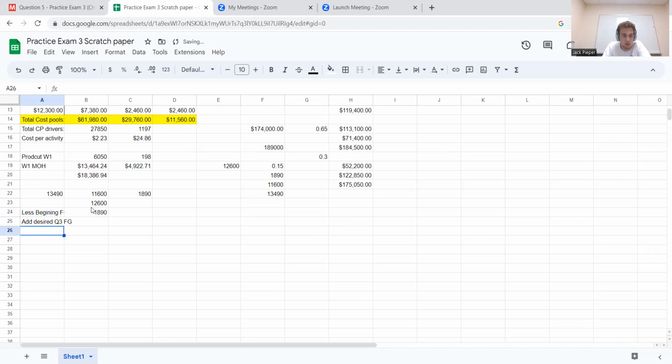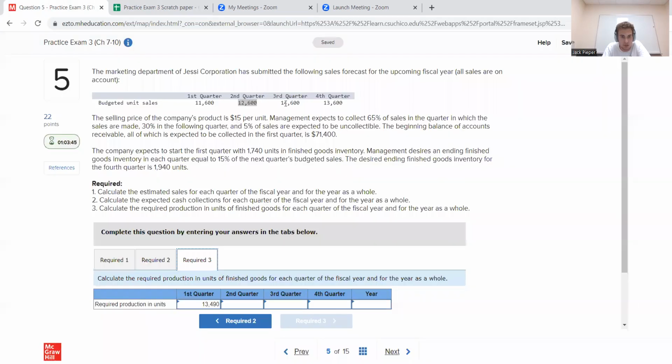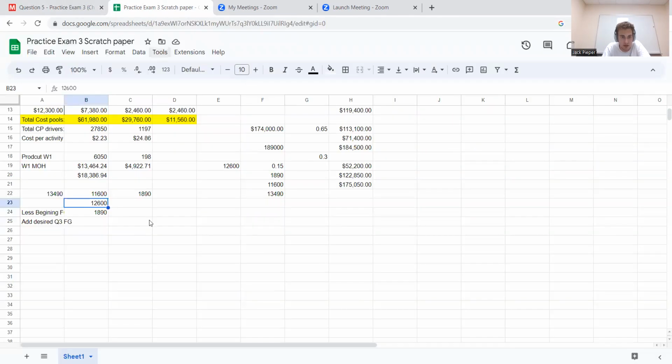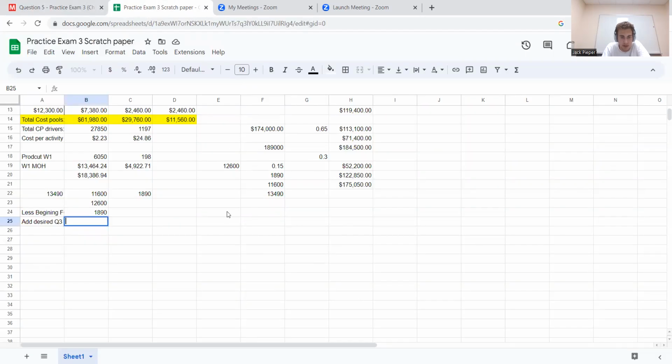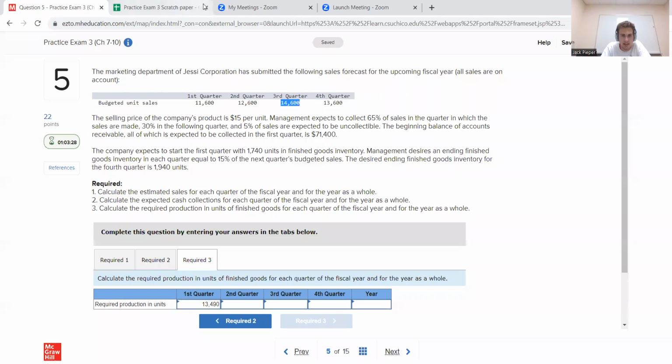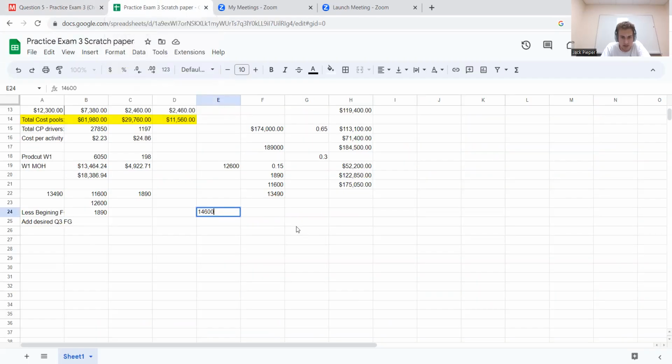okay, so what we did here is this is the amount of units we need to make in order to have 100% of the budgeted sales be sold. We're going to subtract out the beginning because we don't need to make those units, but then we also need to add in 15% of this number of the third quarter, right? So we'll do 14,600 times 15%.